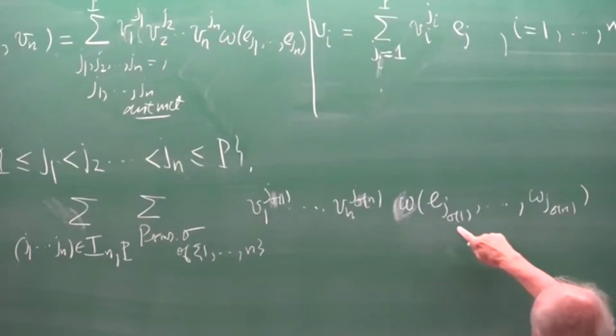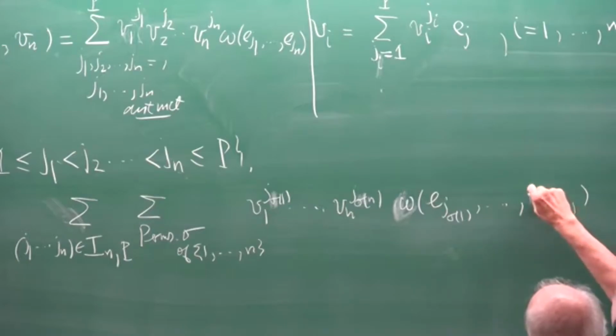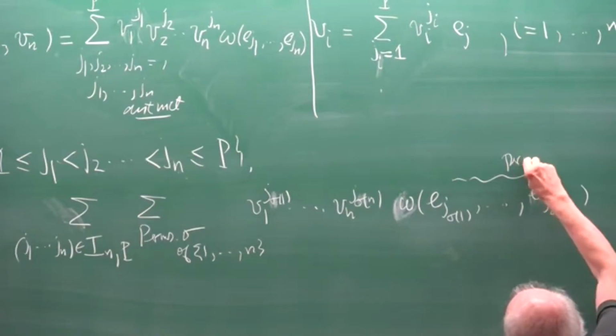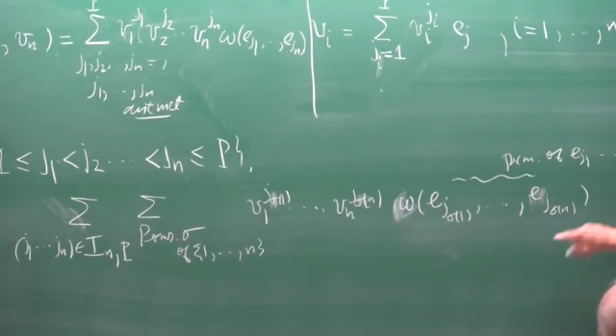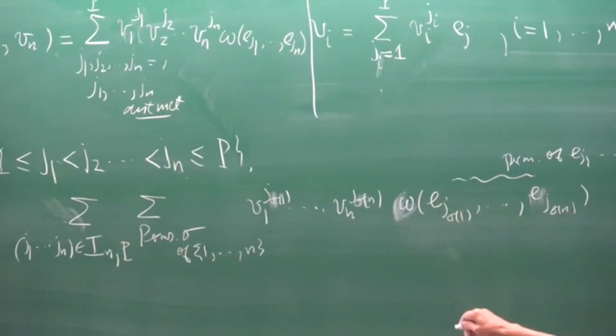But on the other hand, notice we can do something here. This is a permutation of the basis, a permutation of E j1 up to E jn. So I can rewrite it as omega E j1 up to E jn. It's just that I've got to work out the sign. Well, each time you make a transposition, it changes the sign once. And as you recall, the number of transpositions to get back to the standard ordering gives the sign of the permutation. That's the definition.